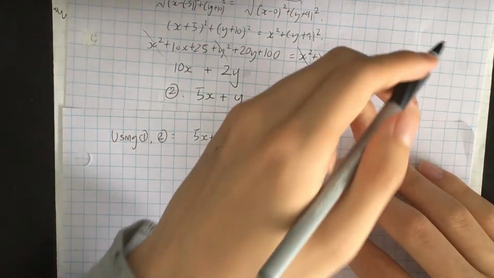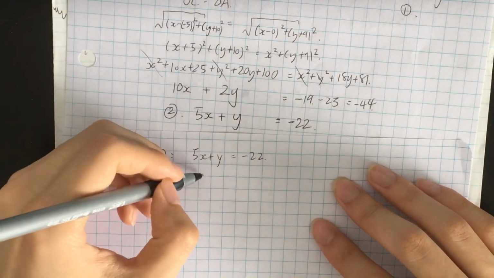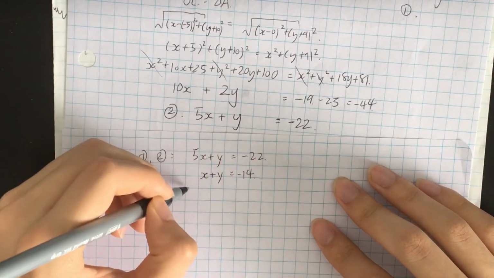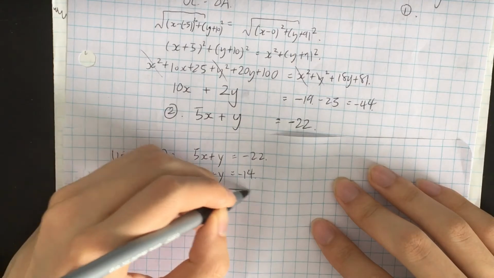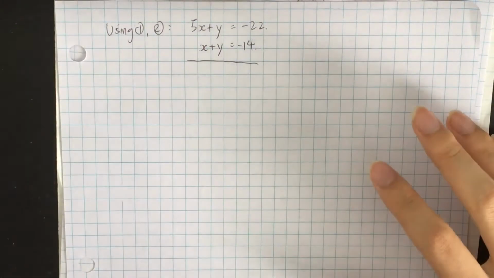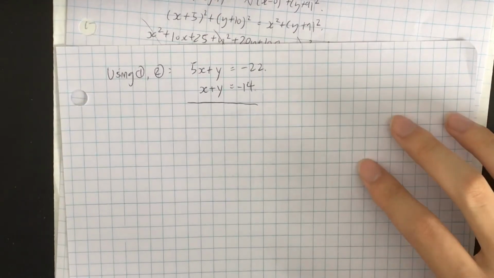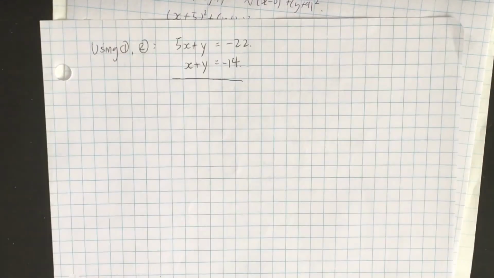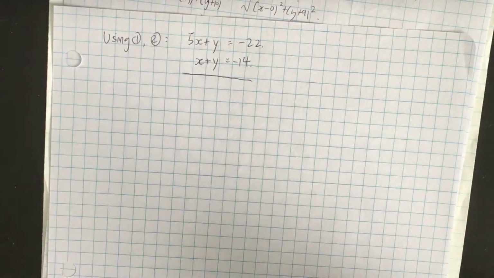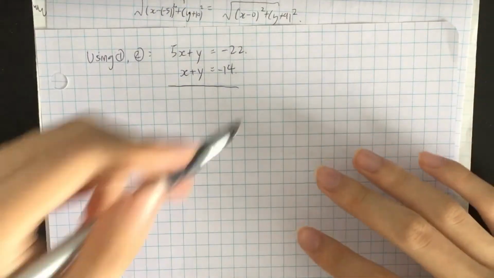And then we have our first equation up top. You may notice I put them in the opposite order, and the reason is we can directly use elimination to do this.